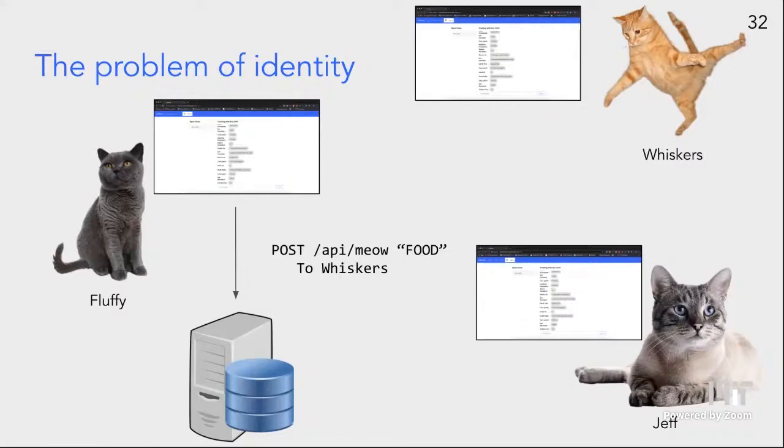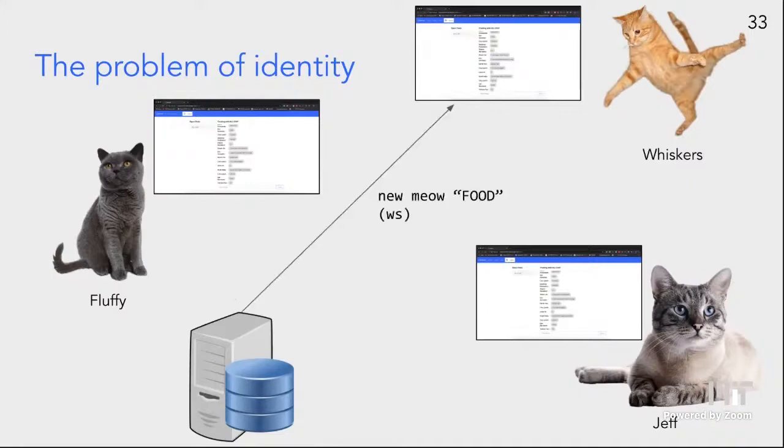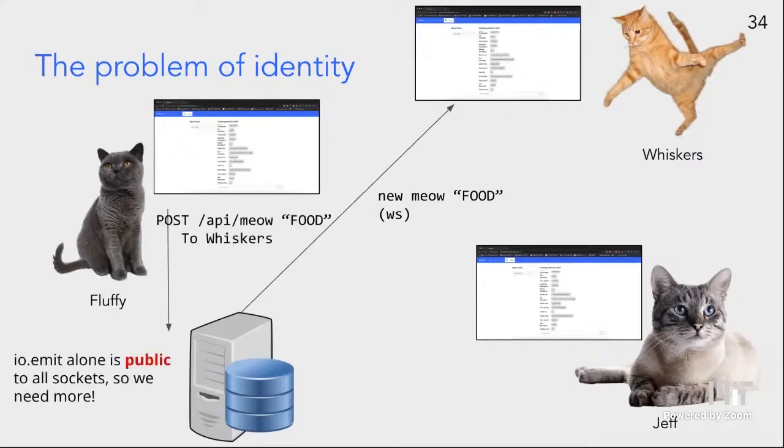Jeff isn't allowed to have food. We would somehow want to send another meow here to Whiskers and not Jeff. But if we think about it, io.emit is public. This is what we used last time. We also tried to describe it as like shouting to everyone who's connected to the server. And so that means no matter what we do, all this information is going to go to Jeff as well, and Jeff can listen if they want to.